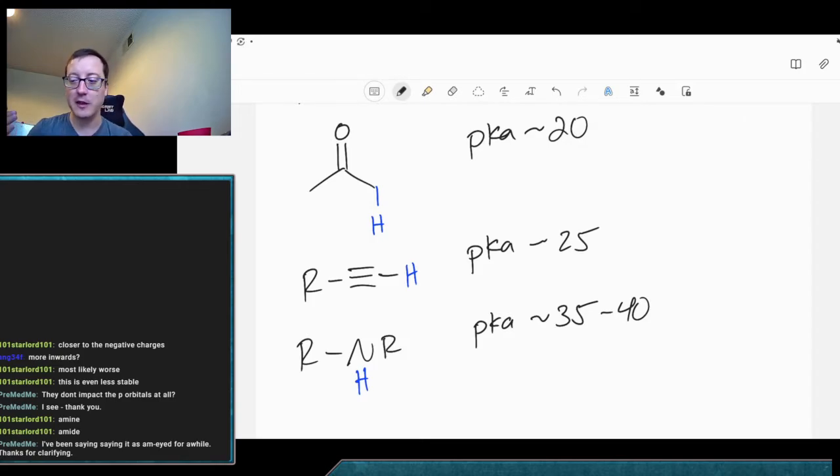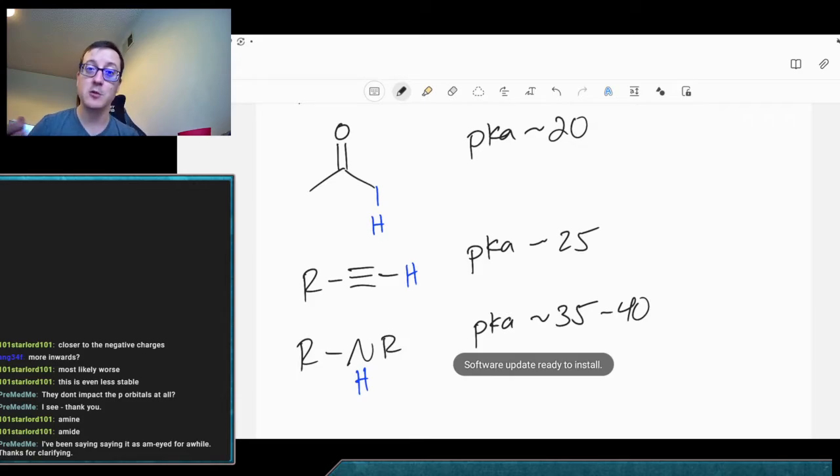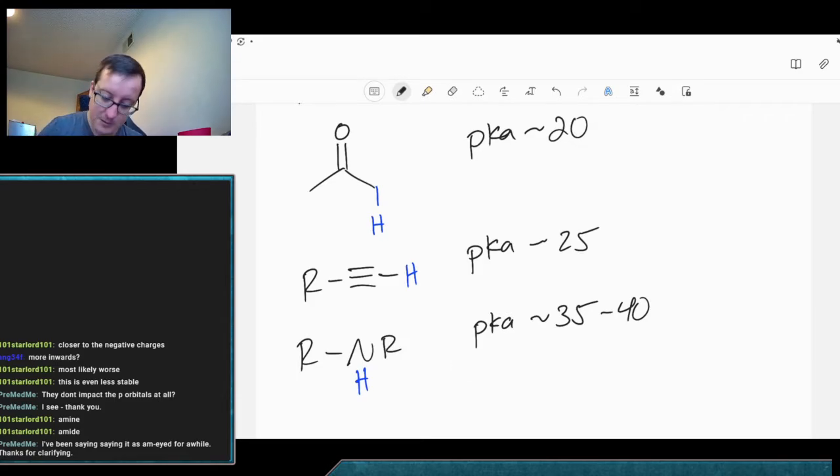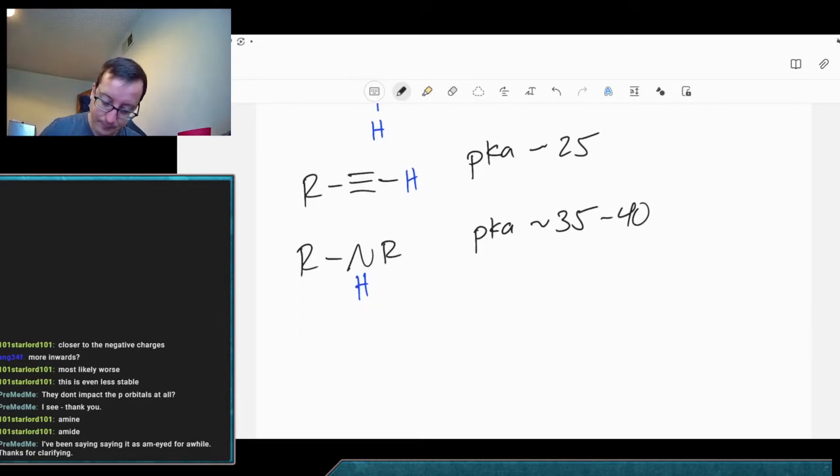If you think about pure water, we don't even really consider that acidic. It can act as an acid, but the amount of ionization there is so small. With these other ones, it's completely non-existent. You're going to need some super strong bases to get these to deprotonate.